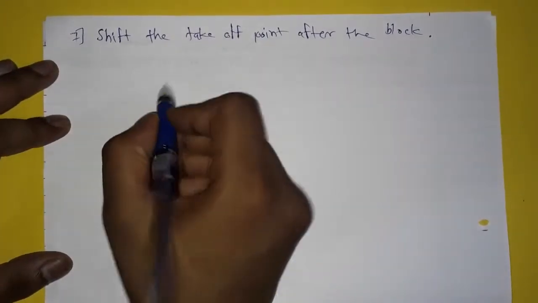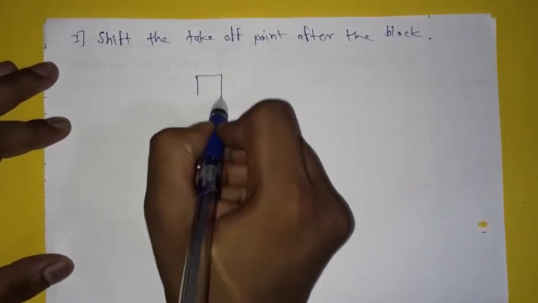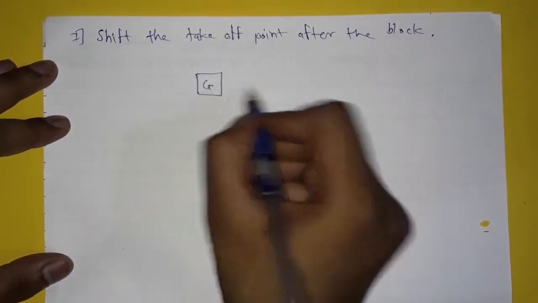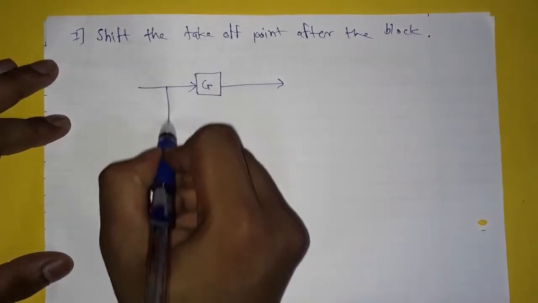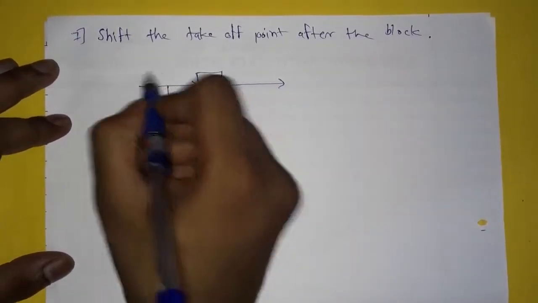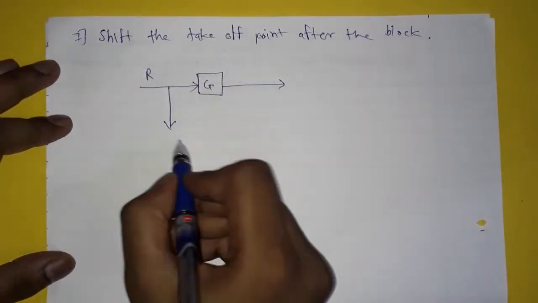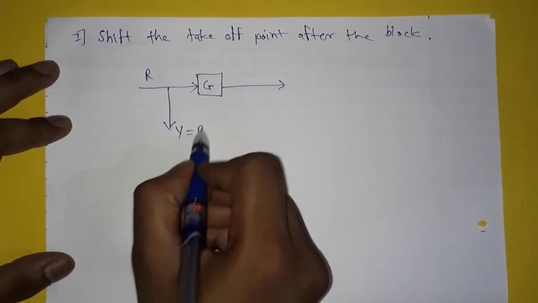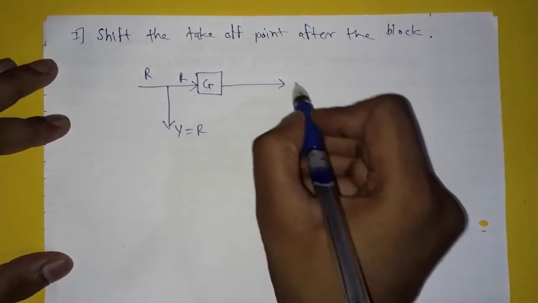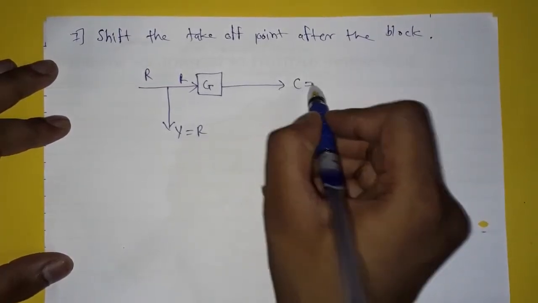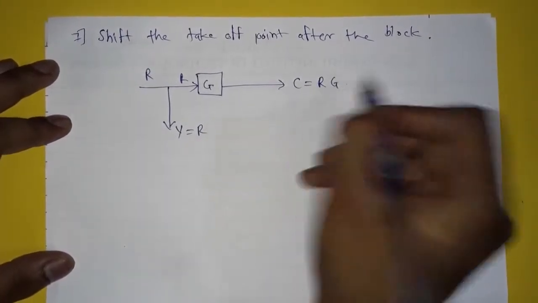See, this is G, this is our takeoff point, this is R, then Y is equal to R, this R goes here also, then here C is equal to RG.